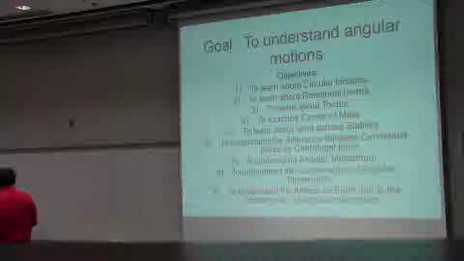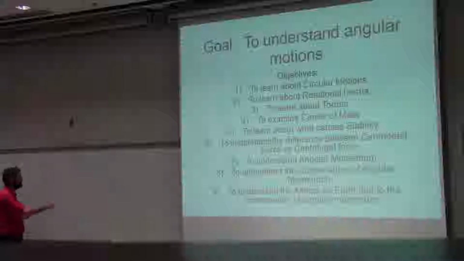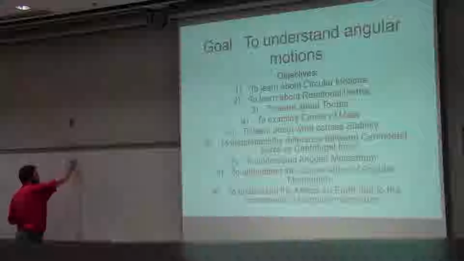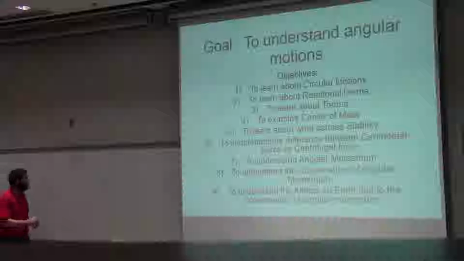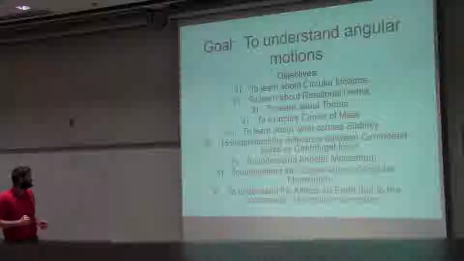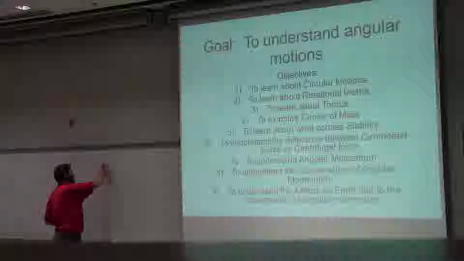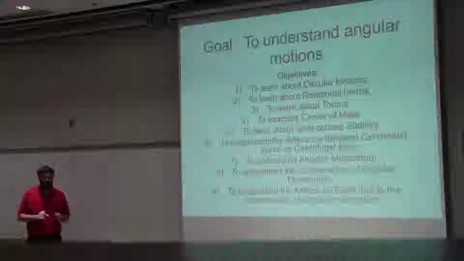Now, the units of angles are a little bit different than linear. So we have meters, meters per second, meters per second squared. In the angular world, instead of using meters, we use a unit called a radian. What the heck is a radian? Imagine a circle. We all know a circle has 360 degrees. But we don't really use degrees in physics.